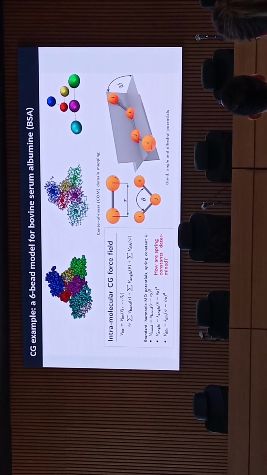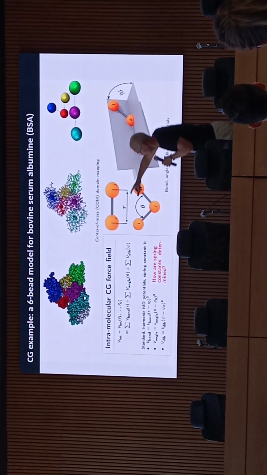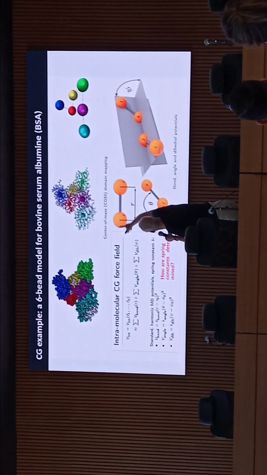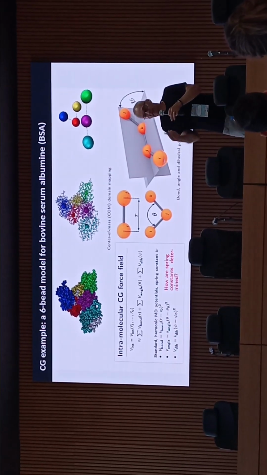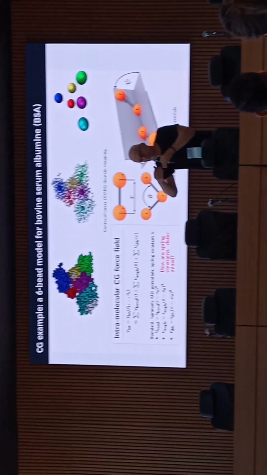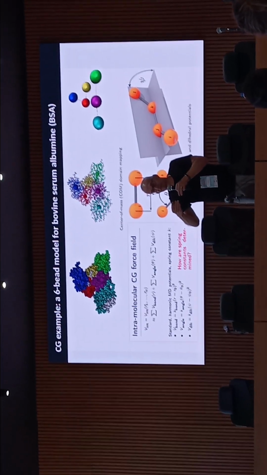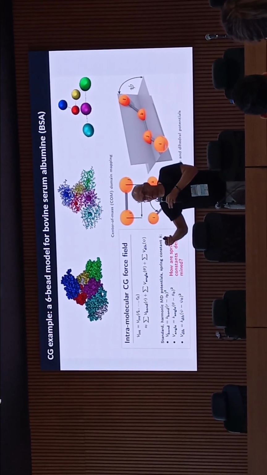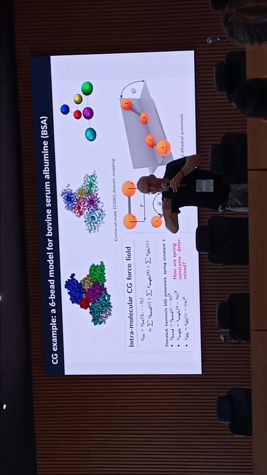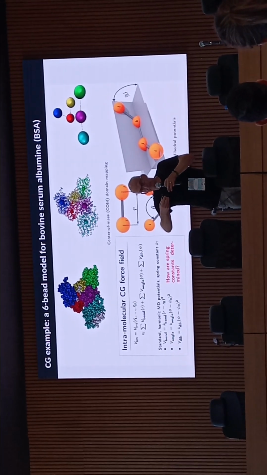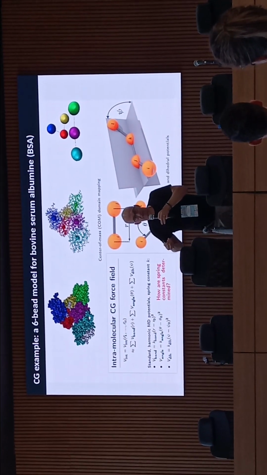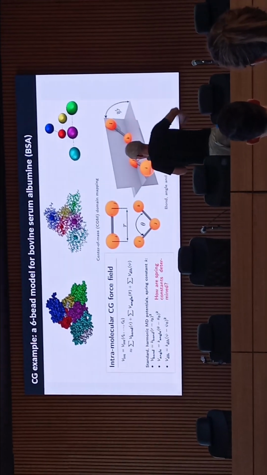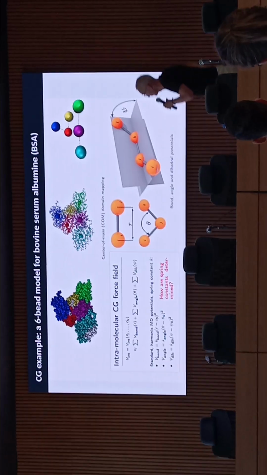You take an all-atom representation of the system, and then you identify the biological domains. Domains in proteins are those sequences of amino acids which are found also in other proteins, which developed independently but were then put together by evolution for other functions. It makes sense to put effective beads on these domains.